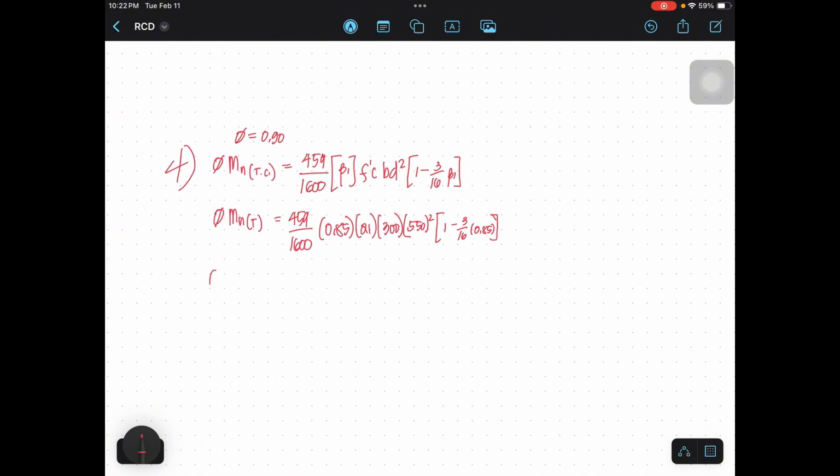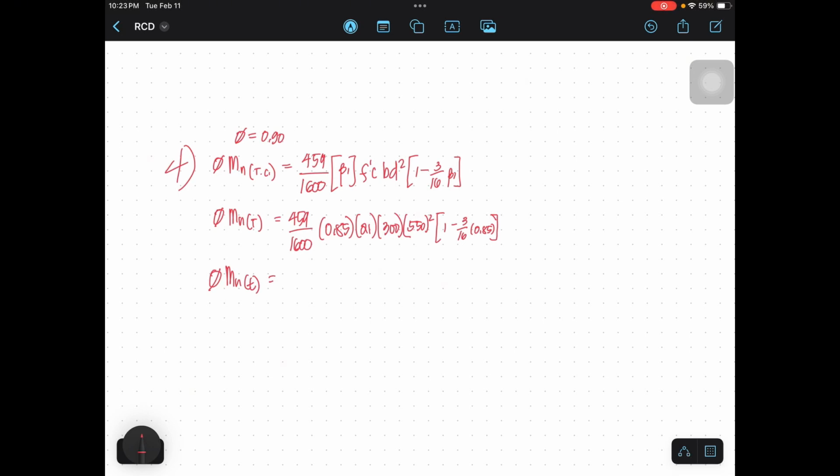So yung ating tension controlled moment, okay, we have Mnt equals 459 divided by 1,600, quantity 0.85 times 21 times 300 times 550 squared, quantity 1 minus 3 over 16 times 0.85.